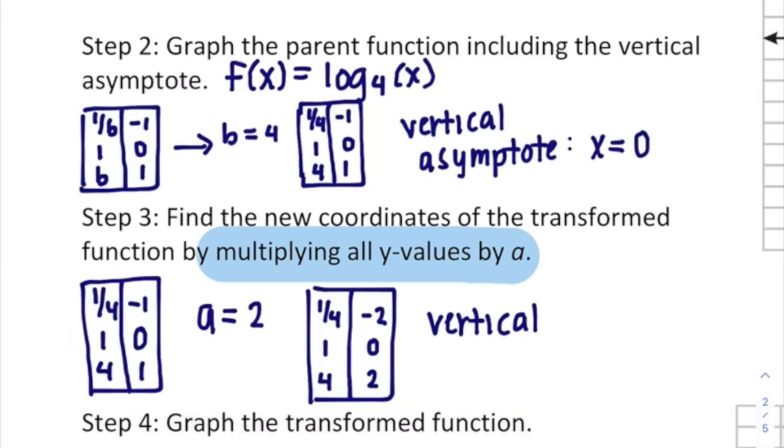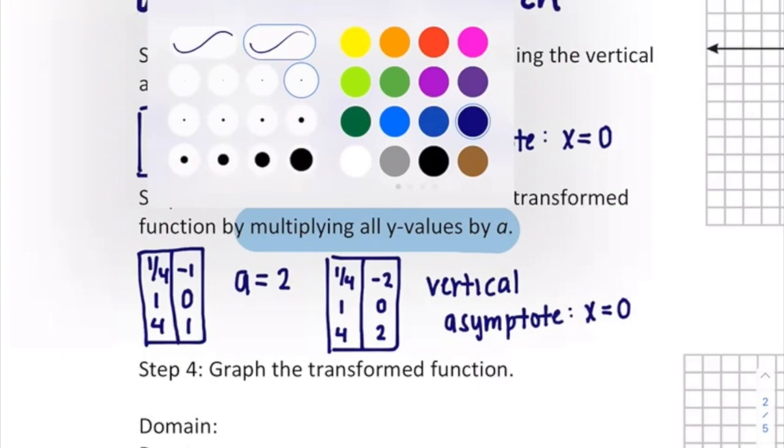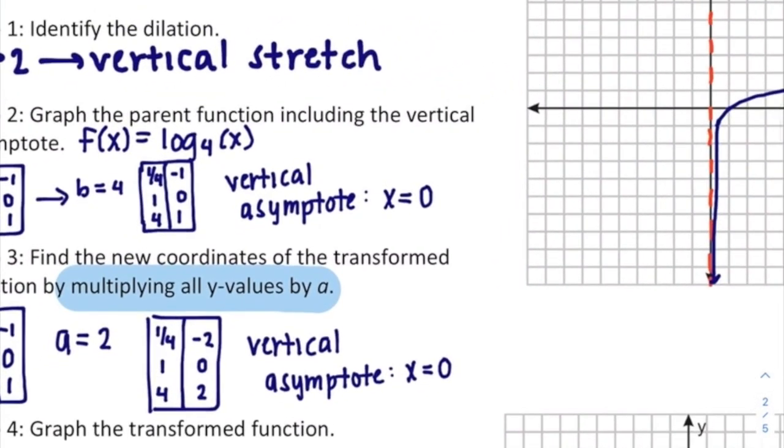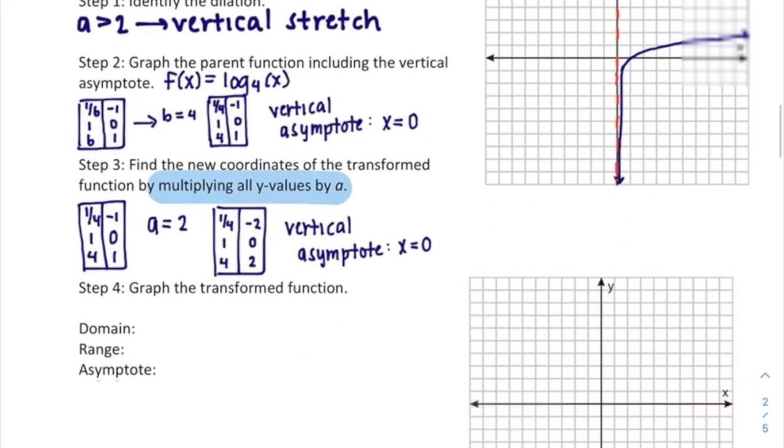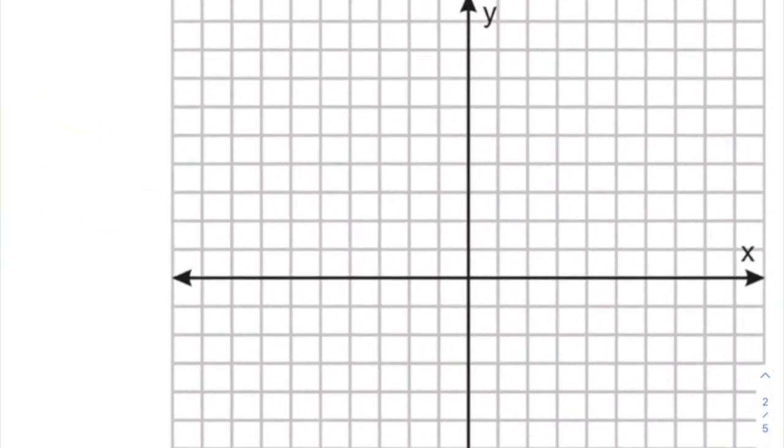Since we haven't done any transformations on our x values, our vertical asymptote is going to stay the same, and that's going to be x equals 0 again. So let's go ahead and graph those 3 points for our transformed function on the graph below.